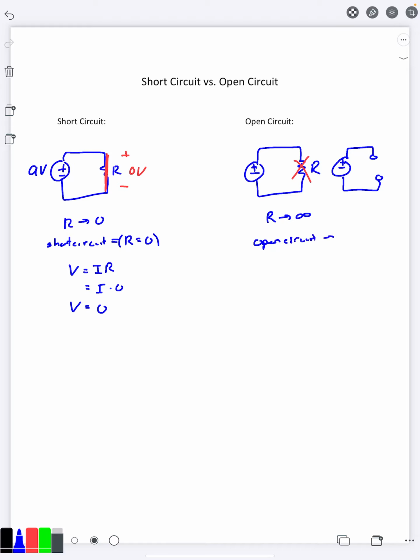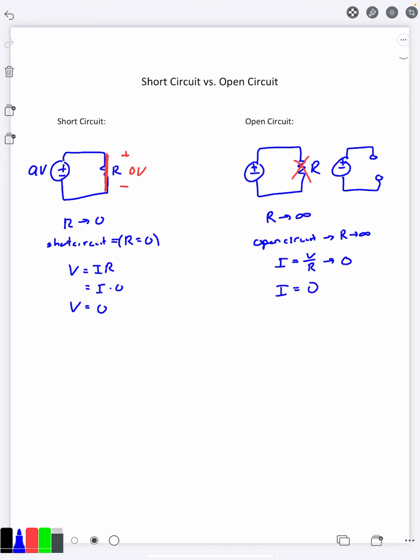So an open circuit is when your R is going to infinity here. Now in that case, if you solve for the current in your Ohm's law and you let your R go to infinity, this is going to go to 0. So for open circuits, you are always going to have 0 current through them.